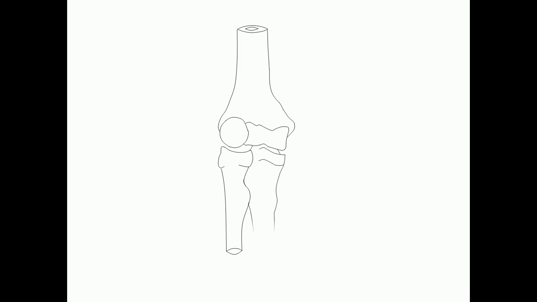To ease this process, let's draw it together. First of all, we shall draw the distal part of the humerus, and now the proximal part of the radius and the proximal part of the ulna. It would be good to answer the question: is it the right hand or left?